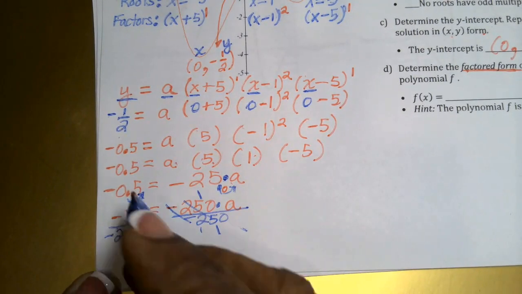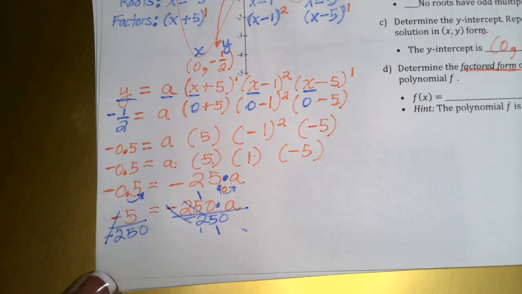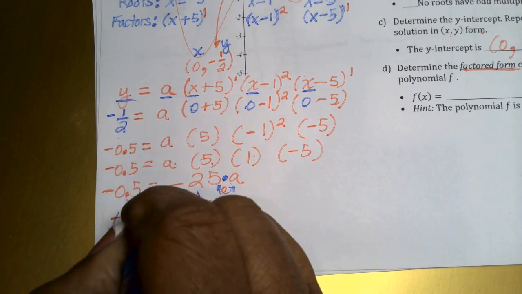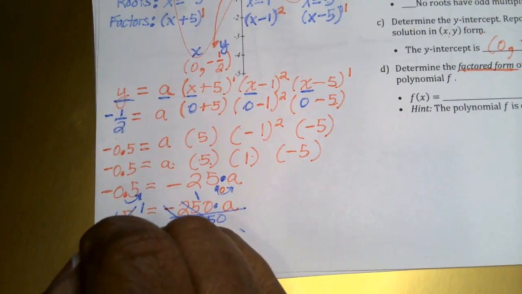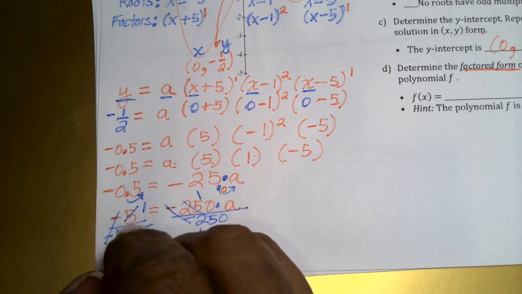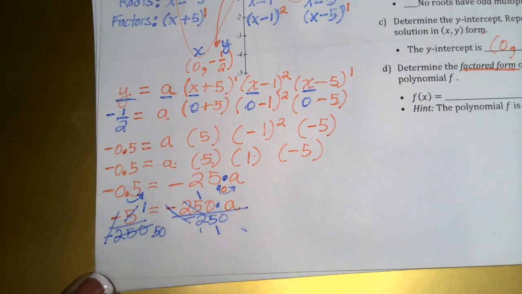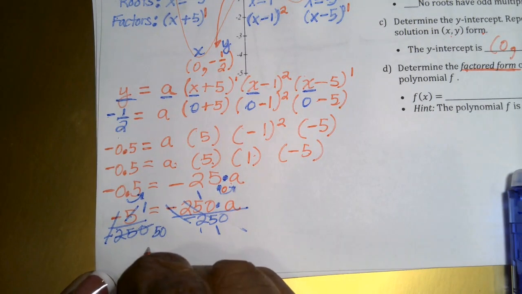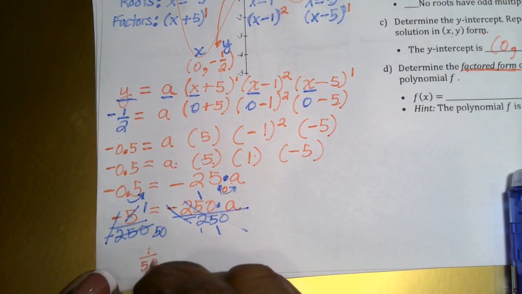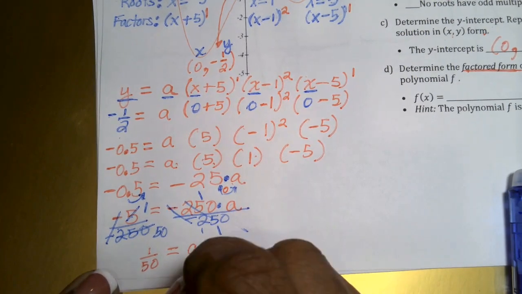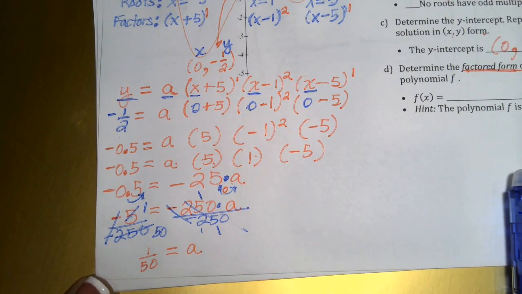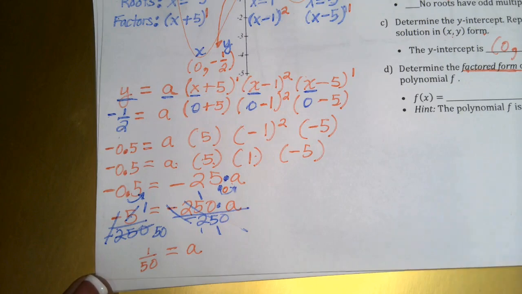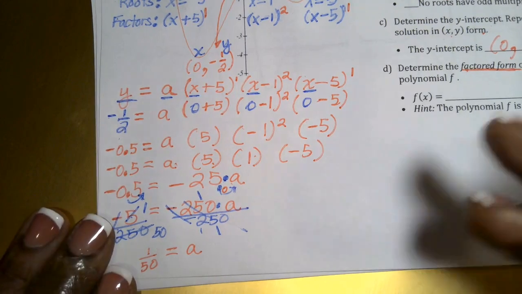Again, negative divided by a negative is a positive. 5 goes into 5 once. 5 goes into 250 50 times. So I'm left with the fraction 1 over 50 equals A.